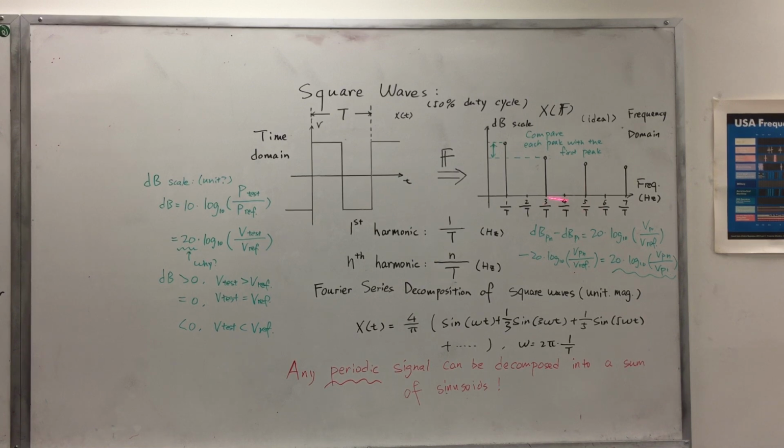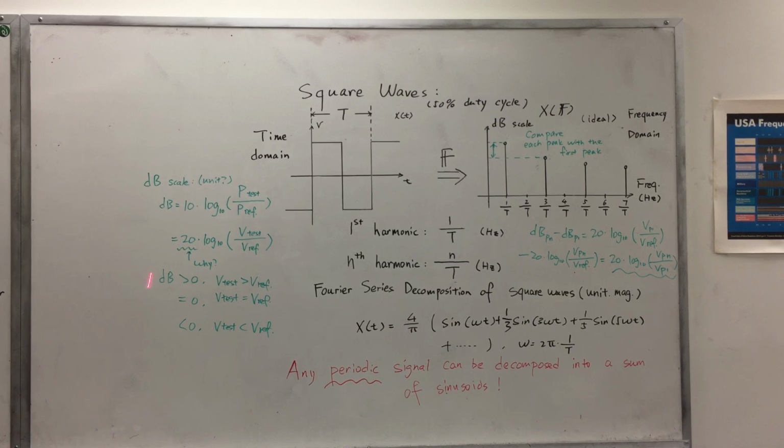If you add up all of these components together, you get back the original square wave in the time domain. Don't worry about the mathematical details too much. All you have to know is that a square wave is made up of sine waves at odd harmonics.